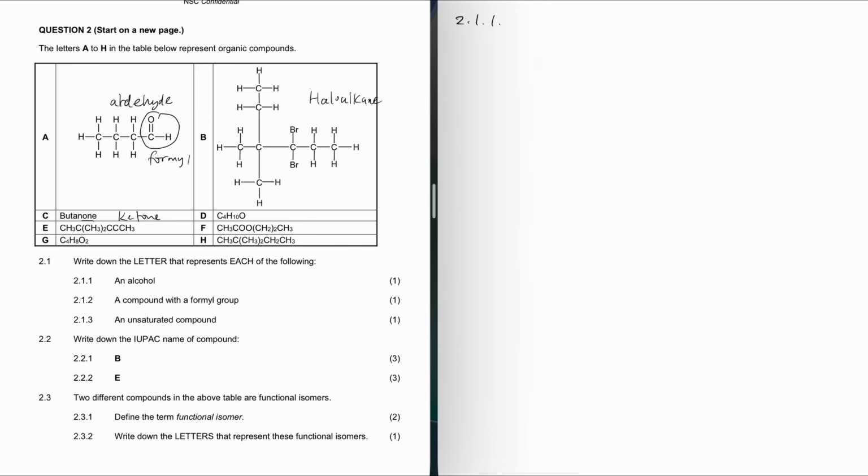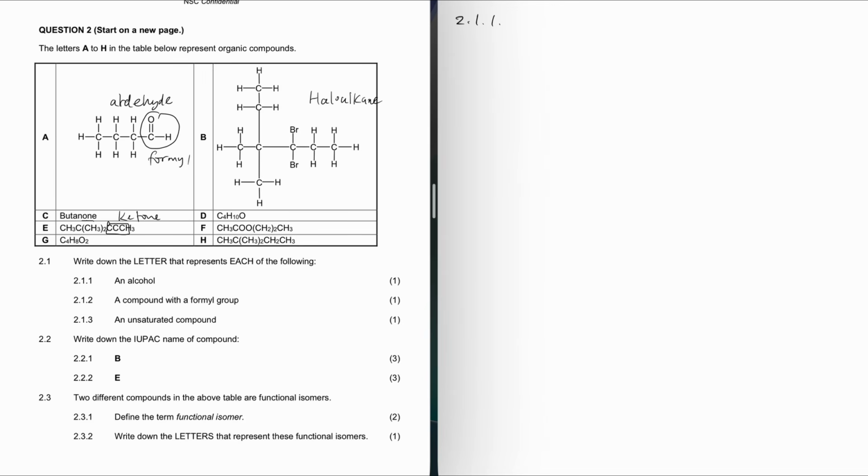D has a single O, so it could be an alcohol. E looks like, because of the CCC, that sequence tells me that it's going to consist of a double or triple bond, and so that gives me an indication.